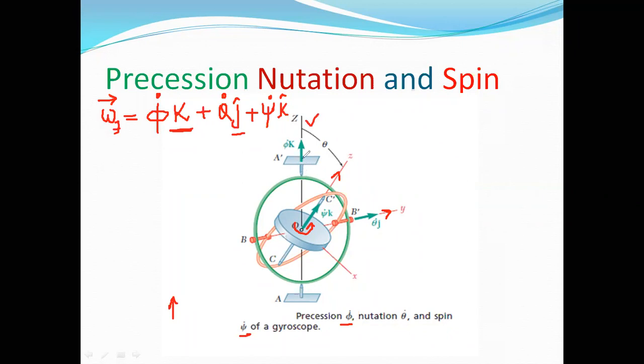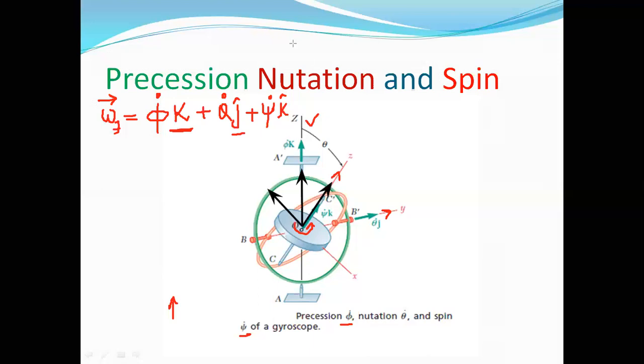So now a unit vector drawn in this direction can be resolved. If we have a unit vector K in this direction, it can be resolved into two components. One component will be in this direction, and another component will be in this direction.